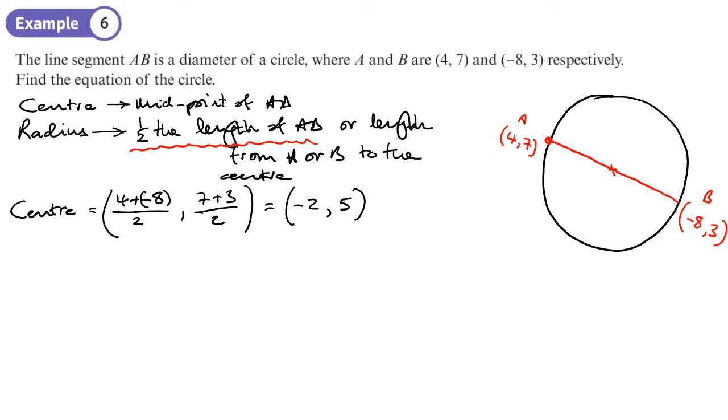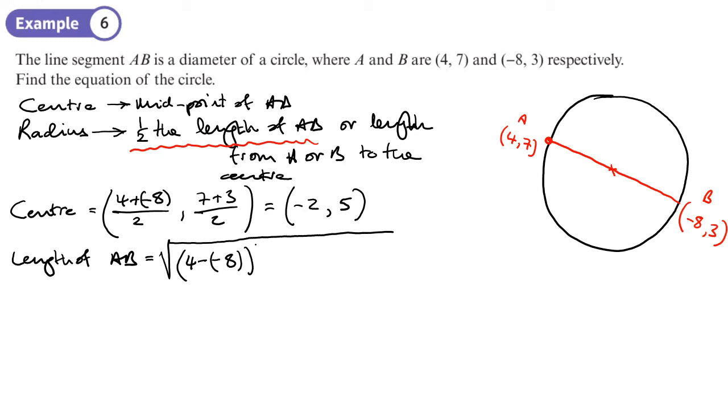The radius, let's find the length of AB, which is the diameter. So we can use Pythagoras on that. So it's going to be the square root of 4 minus -8 squared plus 7 minus 3 squared.